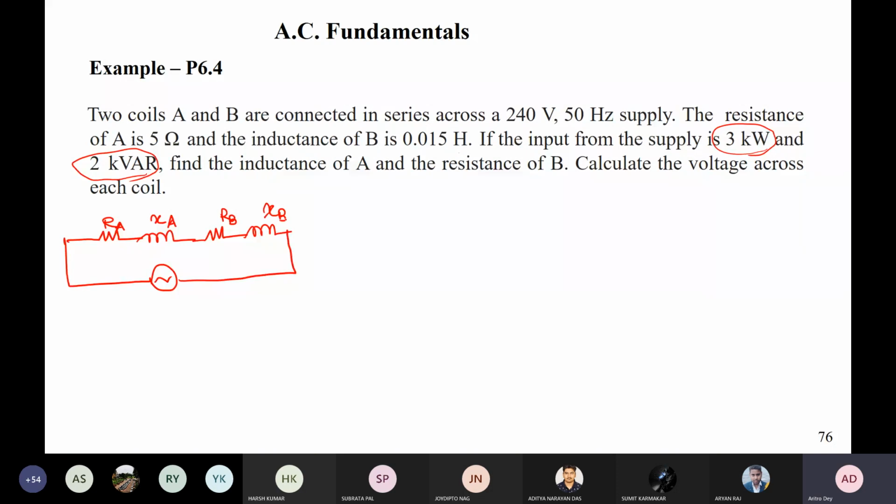So you are connected with a 240 volt 50 hertz supply, and it is given that your active power is equal to 3 kilowatt, and reactive power equal to 2 kvar.